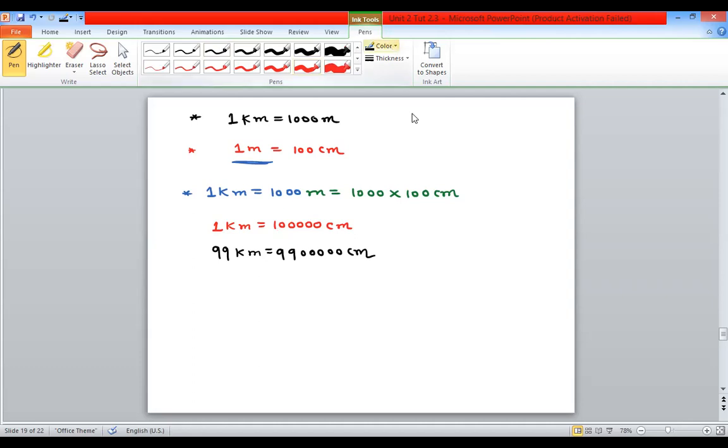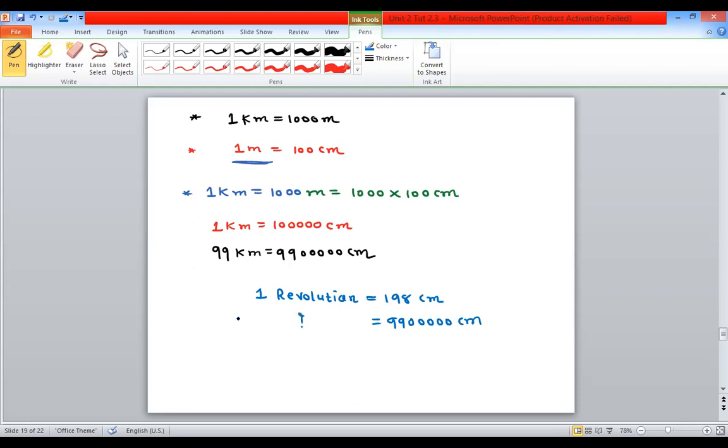One revolution gives you 198 centimeter distance covered. I want to cover the 99 kilometer, that's mean 99 followed by 5 zeros centimeters distance.